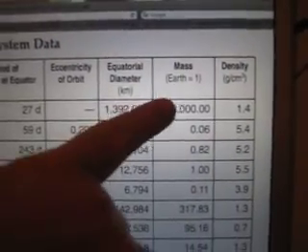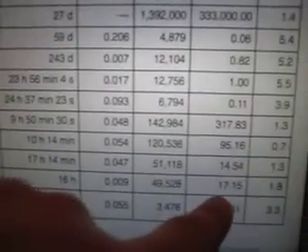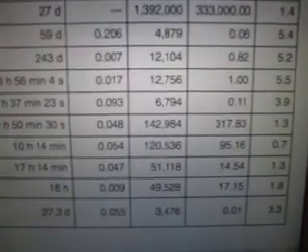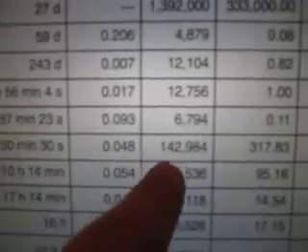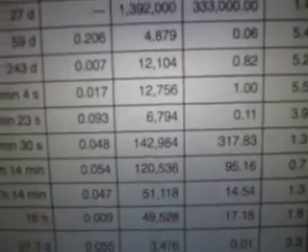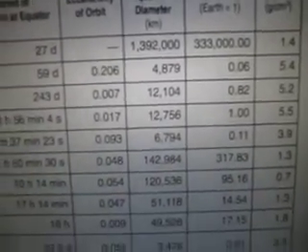Okay, so if Earth is 1, that means that Neptune is 17.15 times more massive than the Earth. Okay, look at Jupiter. Jupiter here is 317 times the size of the Earth in terms of mass.